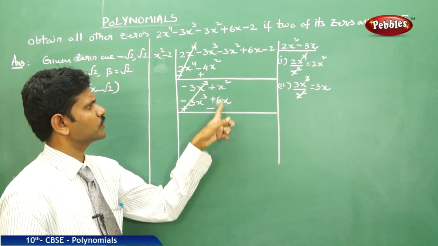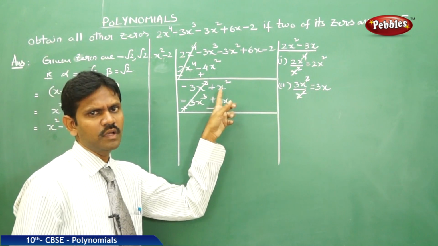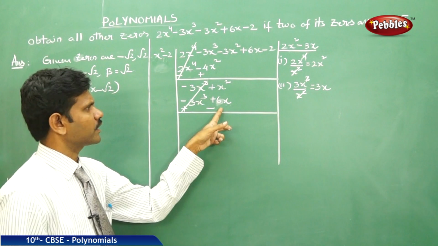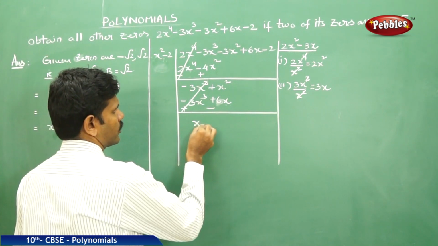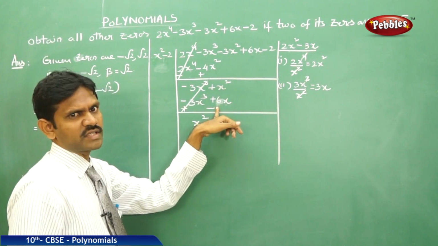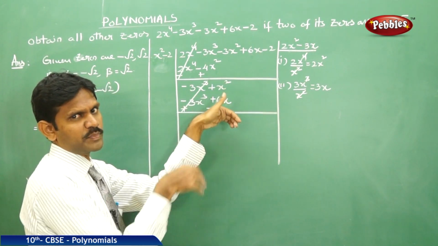Next, here also we are unable to simplify. This is the x square term, this is the x term. We are unable to simplify these two. Then write this in order: x square, and plus 6x minus 6x both get cancelled, no need to represent again.